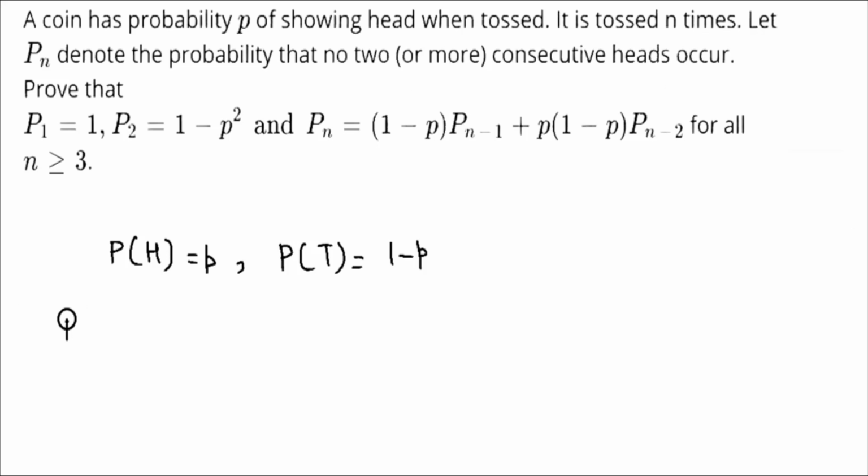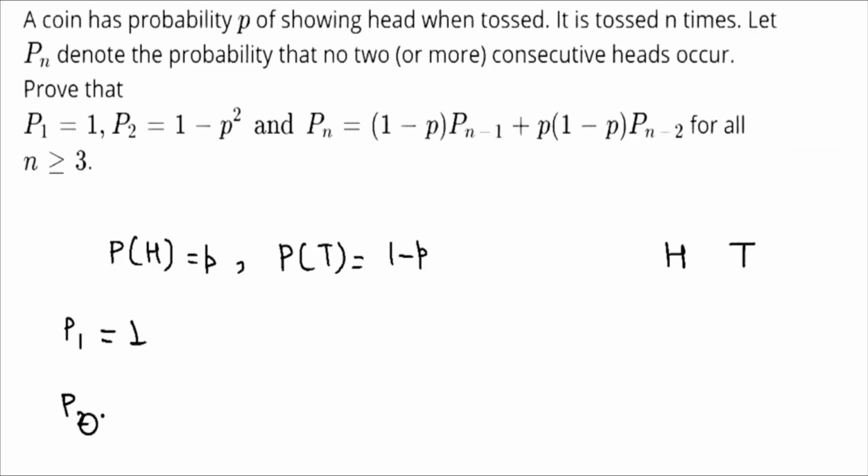So P1 will denote the probability that when the coin is tossed one time, we don't get any consecutive heads. Now when a coin is tossed one time, it can either have head or tails, and in both the cases we are not getting any consecutive heads. So we can say that P1 will be equal to 1.